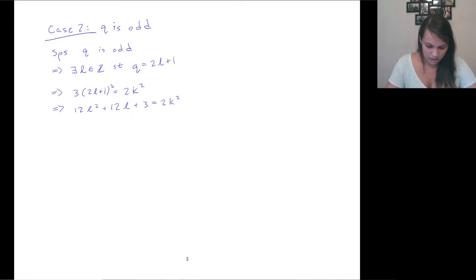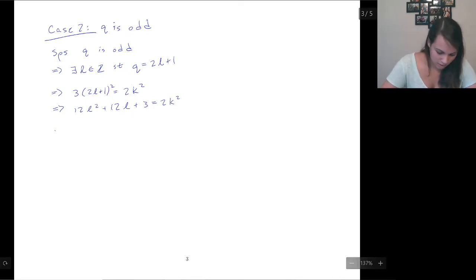That is okay. Another way to go at it is to say that 12L squared plus 12L minus 2k squared equals negative 3.